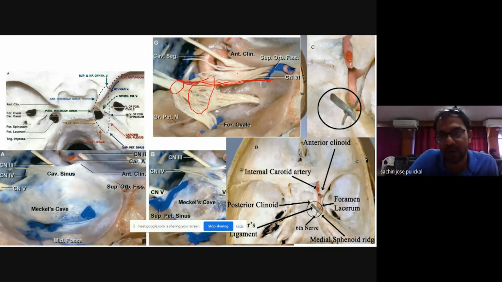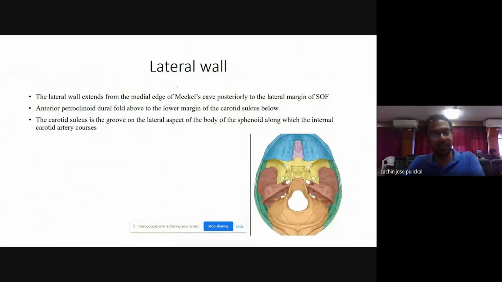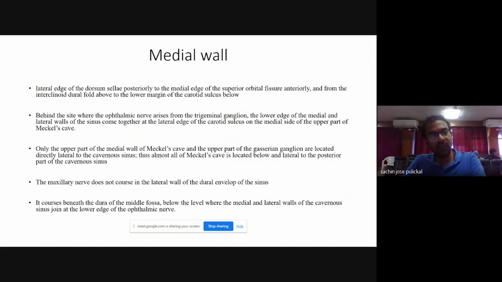Only part of the ophthalmic segment of the trigeminal nerve enters into the cavernous sinus. So that finishes the lateral wall, and the medial wall is along the lateral edge of the dorsum sellae. The medial wall and lateral wall, like you remember from the board picture which I showed you, join together inferior to the carotid artery, and they meet at the carotid sulcus, which I'll talk to you about soon.